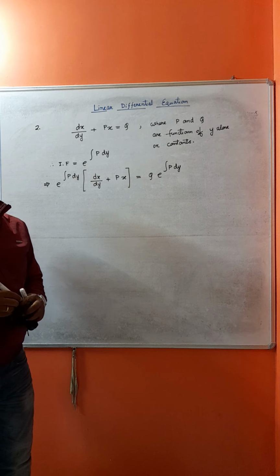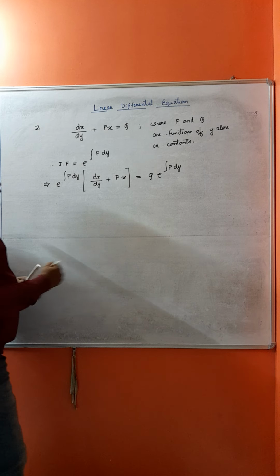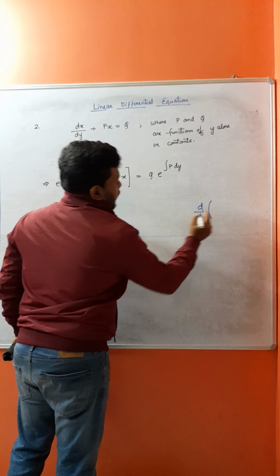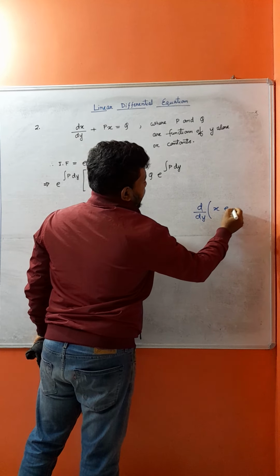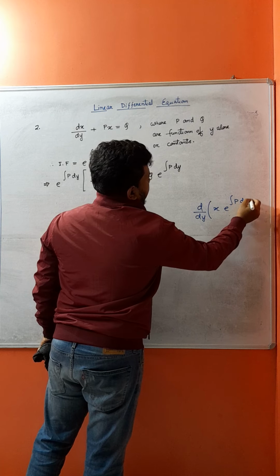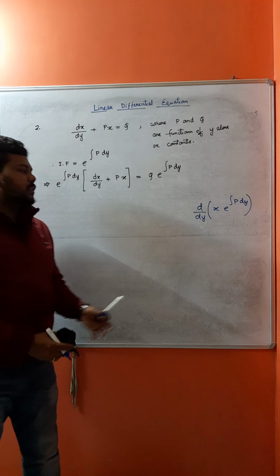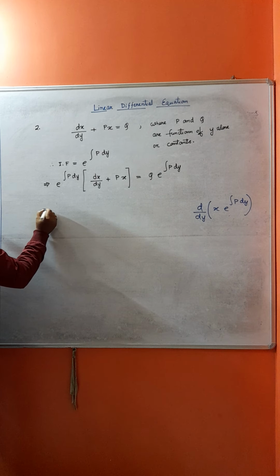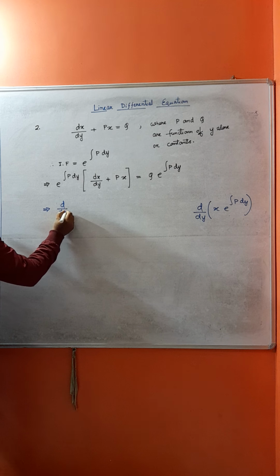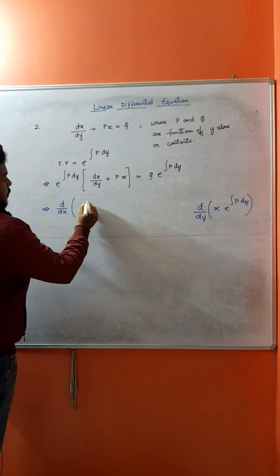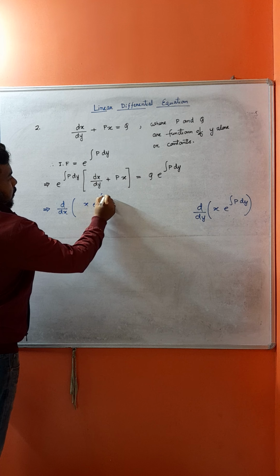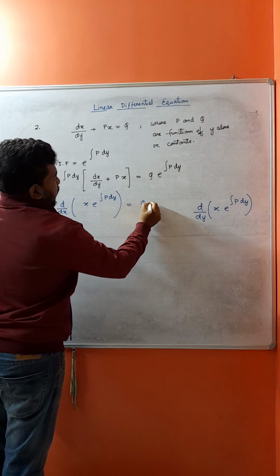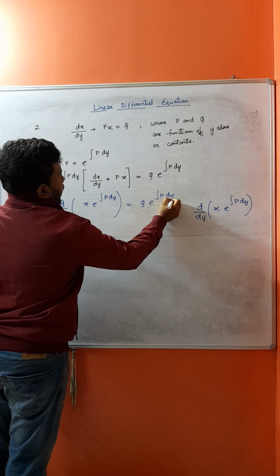Okay. Now what is this? Just like the first form, this is nothing but the derivative of x into e to the power integration of p dy. If I differentiate this with respect to y, we get this. So this can be expressed as d by dy of x into e to the power integration of p dy is equal to q into e to the power integration of p dy.